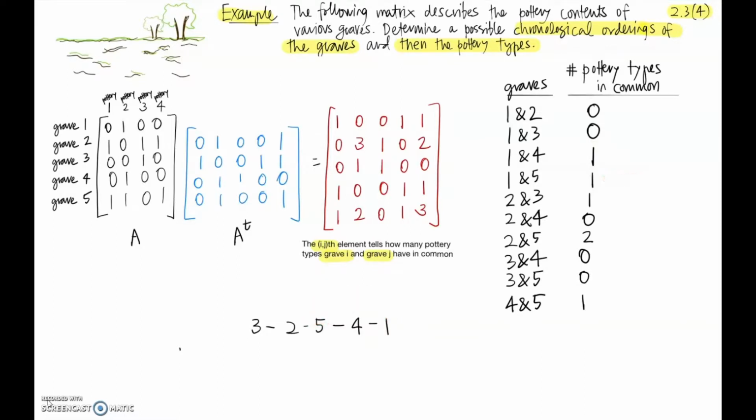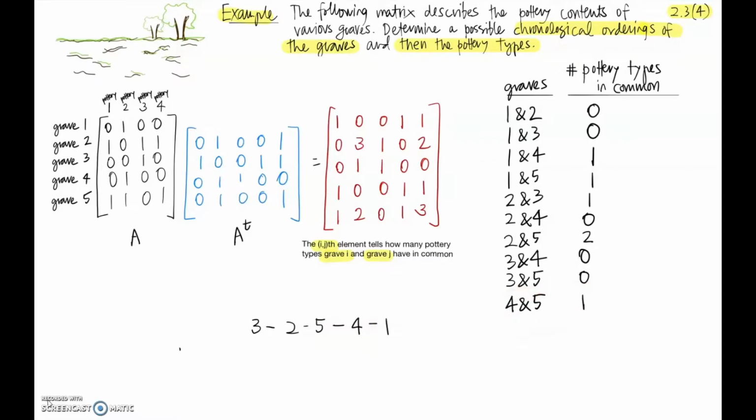But let's keep going. 2 and 3 are connected. 2 and 4, not very close, and that shows up because they're separated by chronology here. 2 and 5, we knew that 2 and 5 needed to be right next to each other. 3 and 4 don't have anything in common, and chronologically they're far away too. 3 and 5 should be far away, and then 4 and 5 need to be together. Okay, so that checks out.